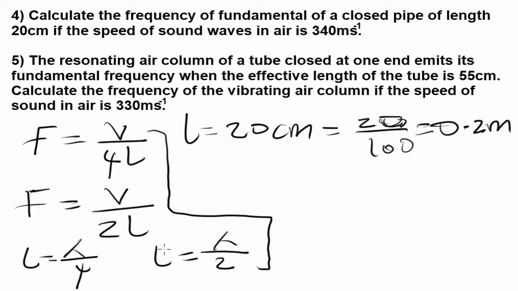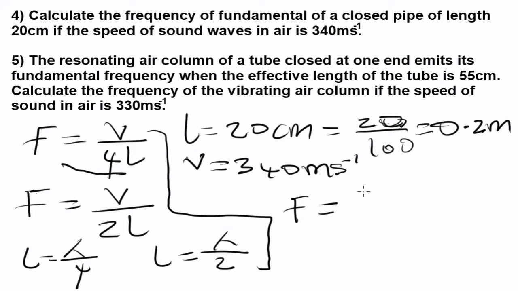Alright, so let's plug it in this formula. Remember, we have the velocity to be 340 meters per second. Okay, so let's plug it in this formula since we are dealing with a closed pipe. So frequency will be 340 over 4 times 0.2.